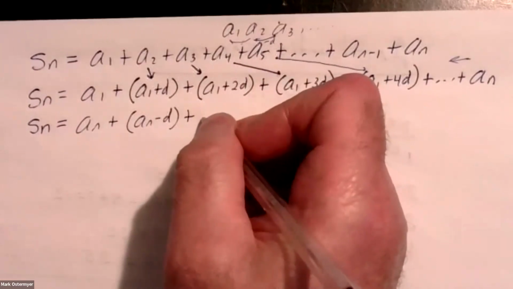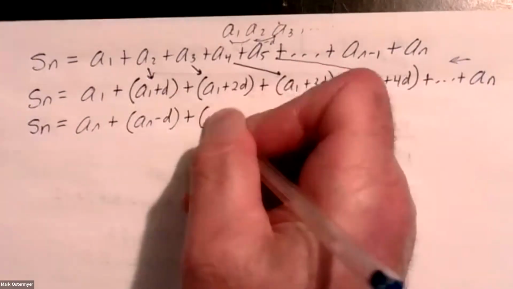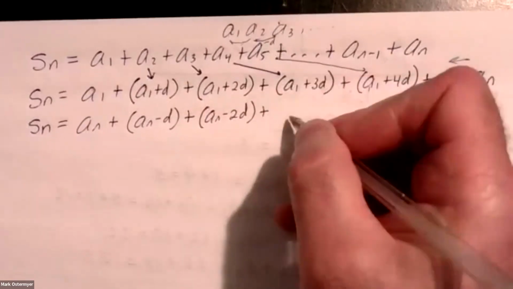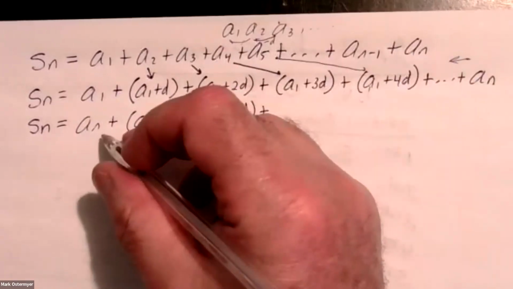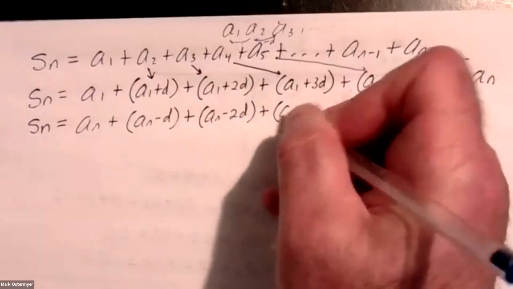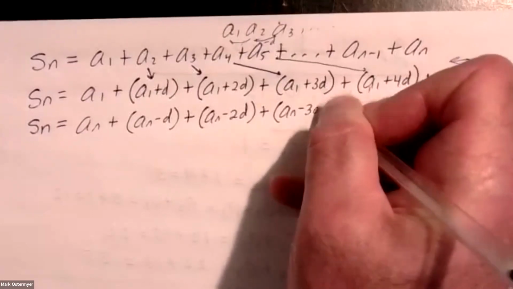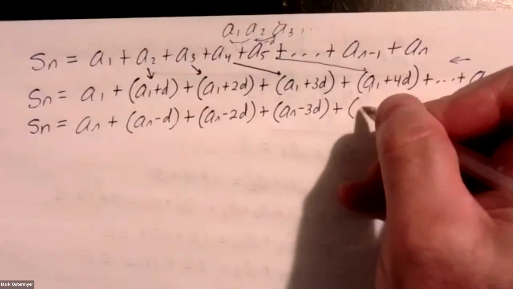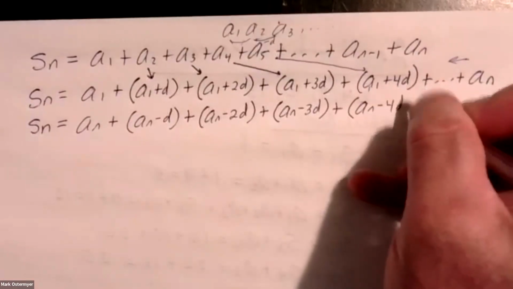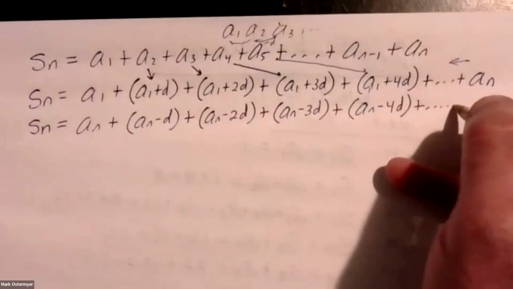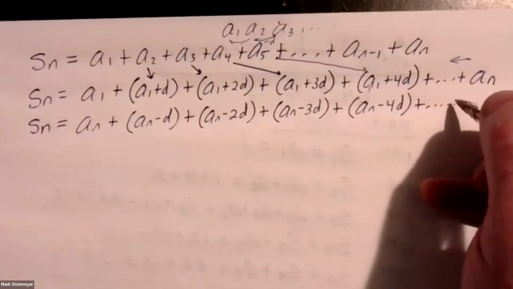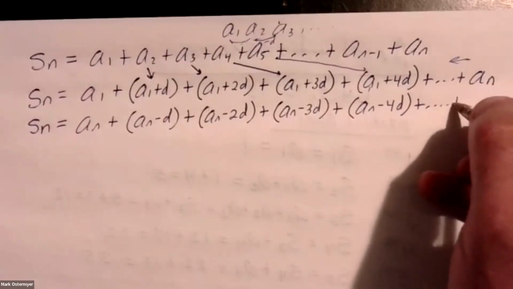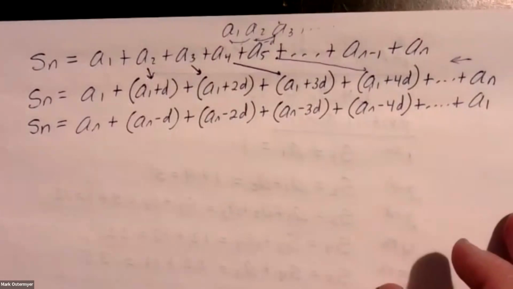To go 2 terms back previous to the nth term, I'm going to have to take my nth term and subtract off 2 common differences. 3 terms before my nth term, I will have taken my nth term and subtracted off 3 common differences. 4 terms before my nth term is found by taking my nth term and subtracting off 4 times the common difference. Plus dot, dot, dot, plus till we get all the way down to the first term. Okay.